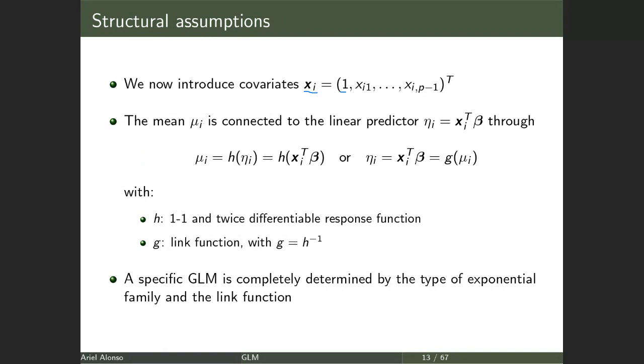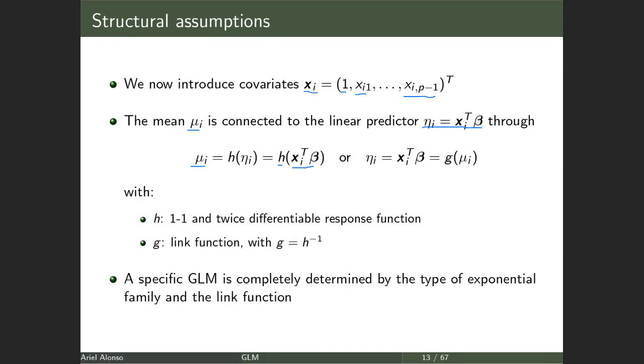You have an intercept, and then you have p minus 1 covariates. And now you're going to connect that covariate vector with the mean of the distribution, mu_i, using your linear predictor and using your response function. So now you model mu_i as a function of your linear predictor.